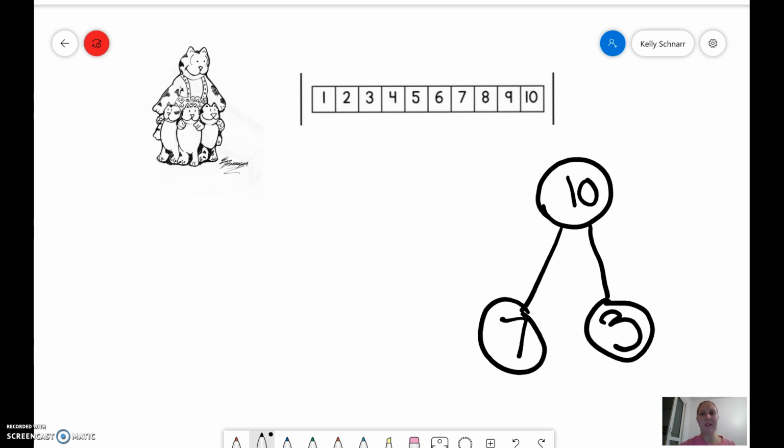So it should be 3 more, 7 and 3. Now let's use the number path. If I start at 7, how many more does it take to get to 10? 1, 2, 3. Look, I got 3 again.